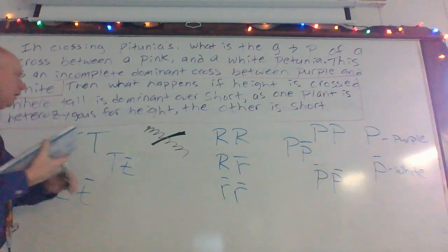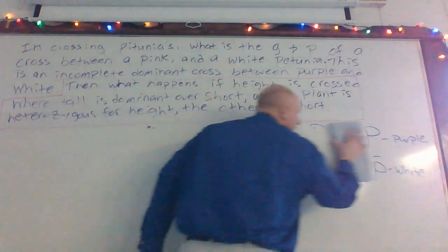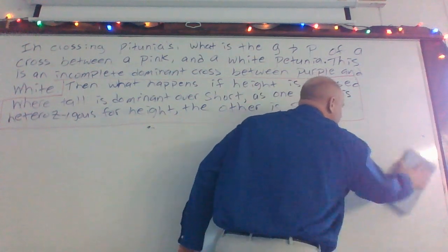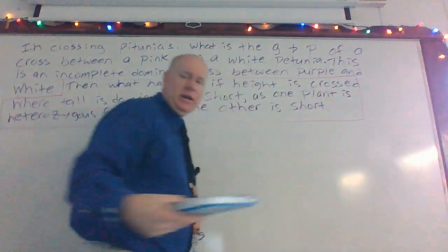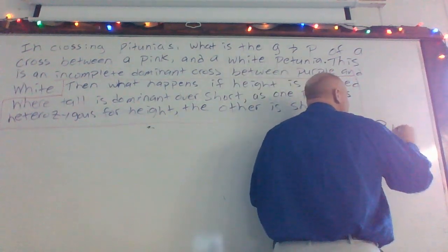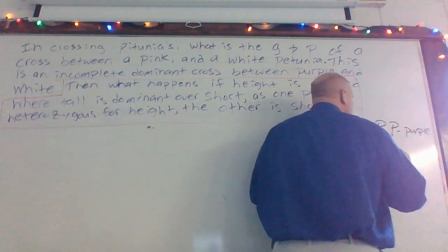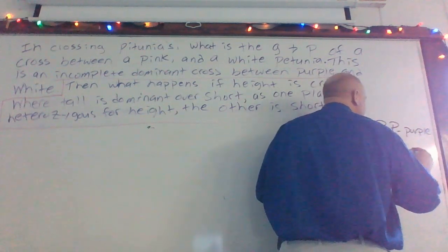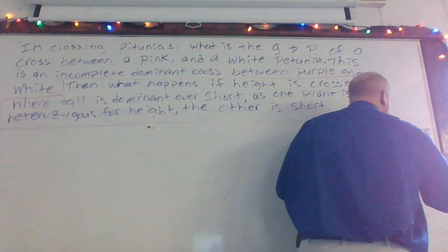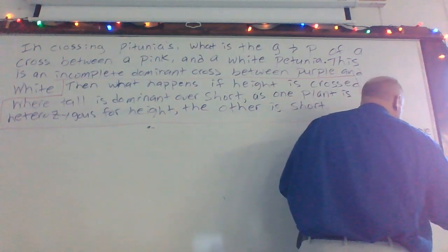Okay, so in this monohybrid cross, just one trait. I shouldn't have erased those, but I did. So we know that this is purple. We know that this is white. Then if we have one of each, we know that it's pink.